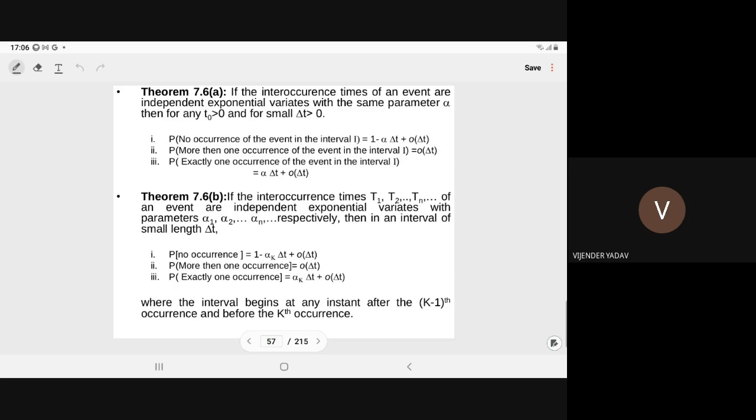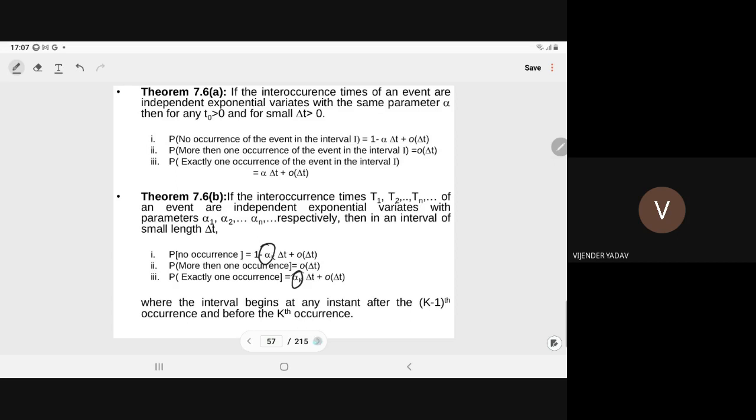The same thing we have studied. The probability of more than one occurrence is of higher power of delta t, and exactly one occurrence is alpha times delta t. If it is state dependent, then instead of alpha we take the respective alpha k. So it is exactly the same theorem we discussed for the Poisson process.